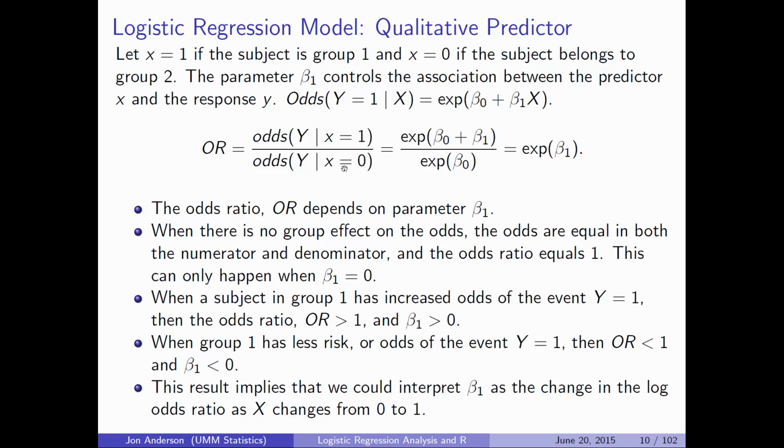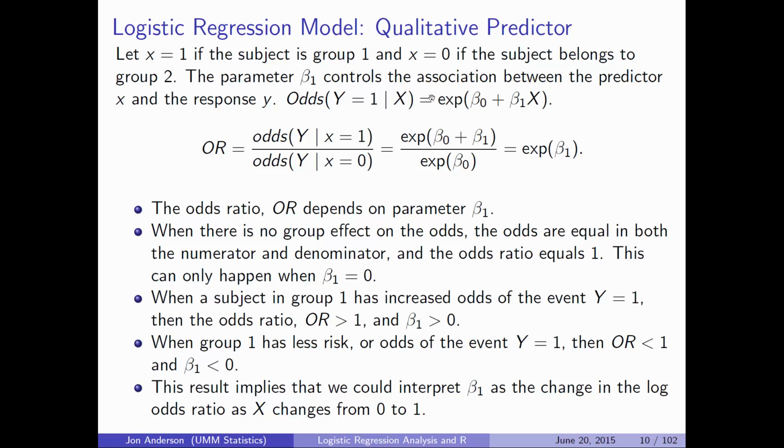And so what we're doing here is we are constructing a ratio of risk or a ratio of odds. OR means odds ratio. What's the risk of the event for someone that's in the numerator group, say males, divided by the risk of the event for someone that is in the denominator group, say females.